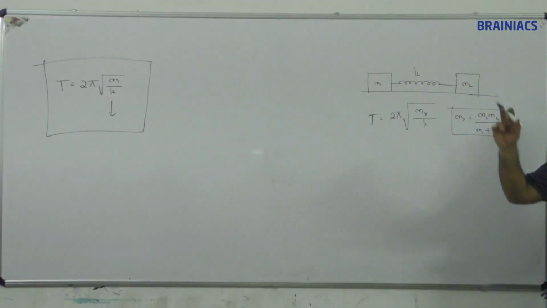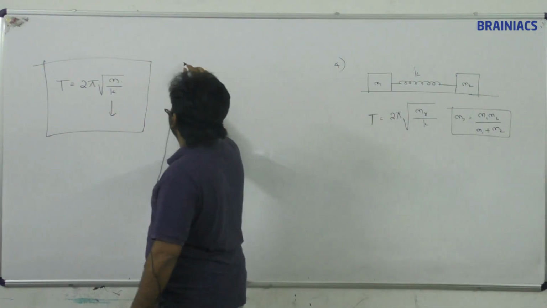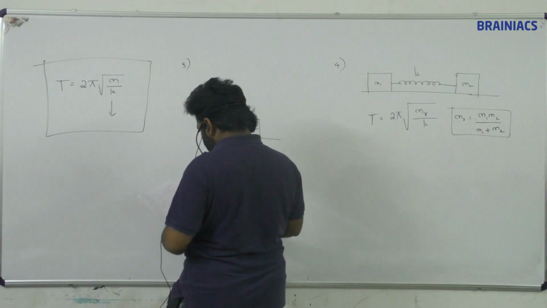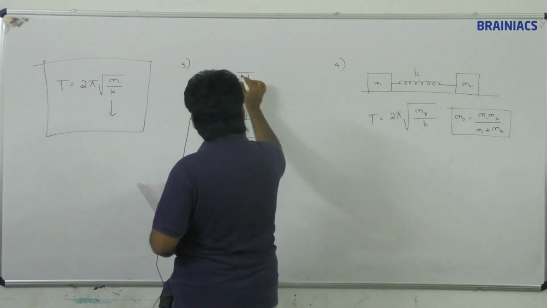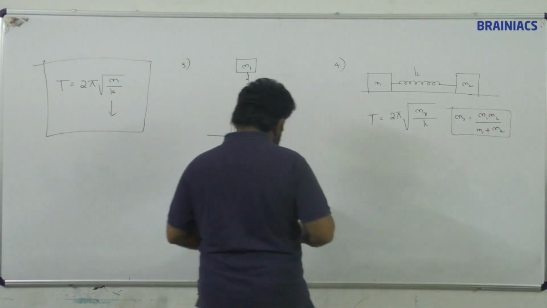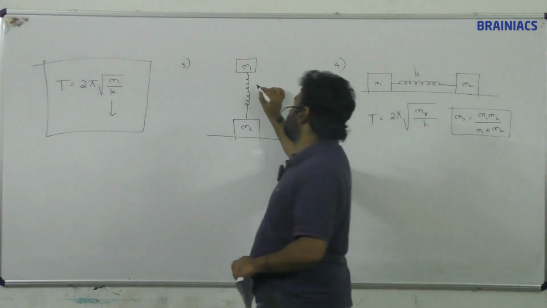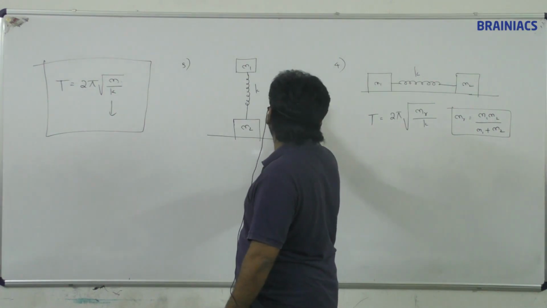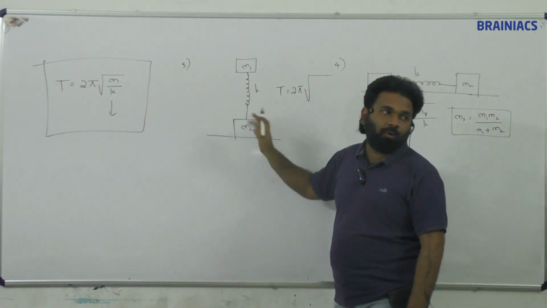So cases 1, 2, 3 were over previously. Consider this as the 4th case, this as the 5th case. We keep two masses m1 and m2.